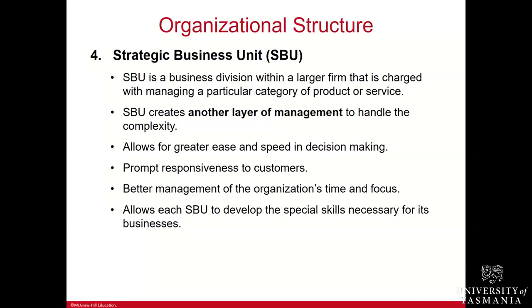Yes, we can talk about one layer. And the second layer is added in divisional one. Because what we have seen in divisional one, every division has a manager, and then every functional unit has a manager. We had another layer of management, and then in strategic business unit, there's another layer. I will show you that.